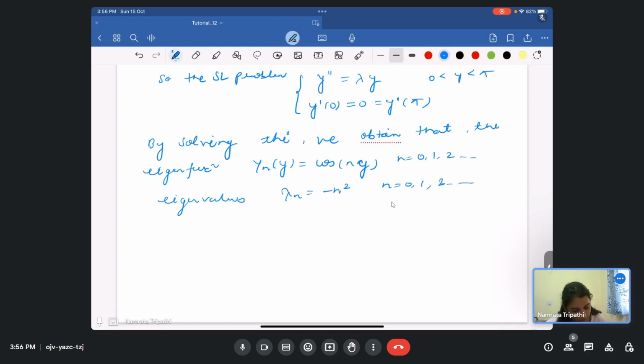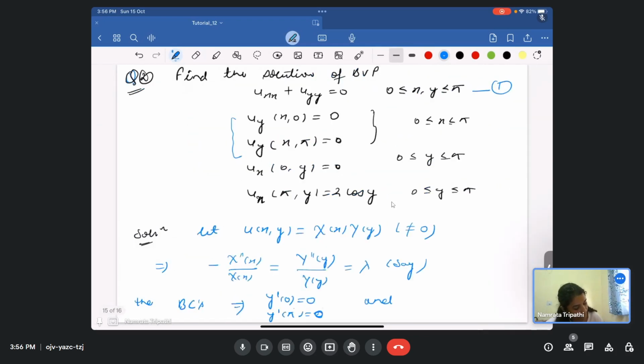Now please solve for x n by using this lambda. This is quite simple. With the help of lambda, please try to solve for x. Lambda is minus n square.